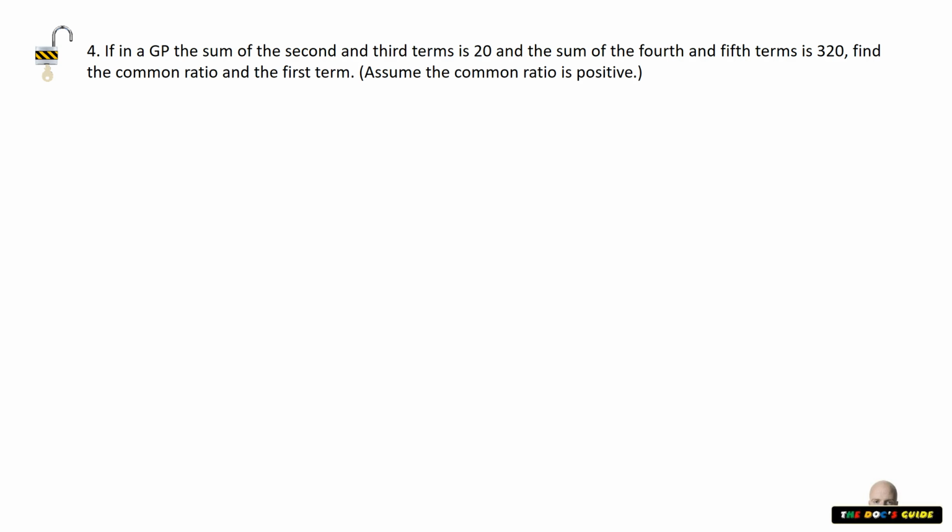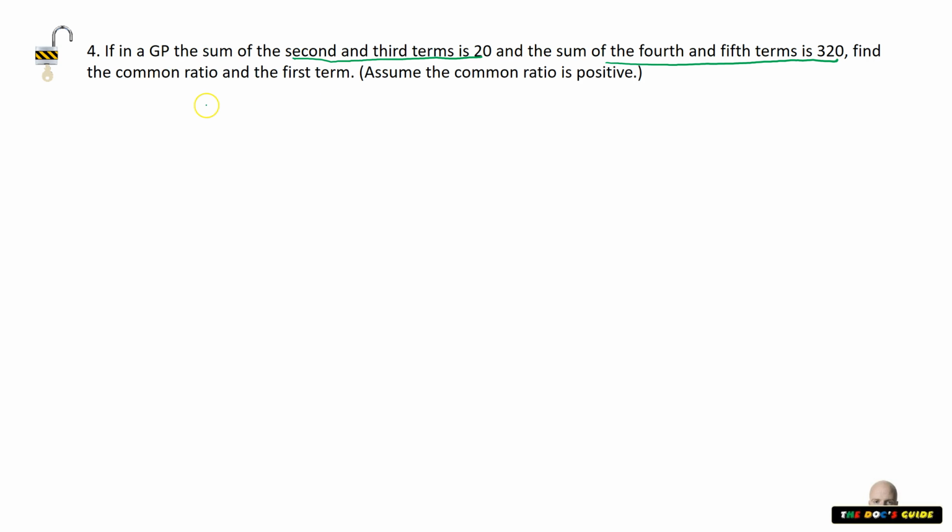In question 4, when we get our head around what we're told, if in a GP the sum of the second and third terms is 20, and the sum of the fourth and the fifth terms is 320, so again, two pieces of information, find the common ratio, so find r, and find a. Let's write down what we have.